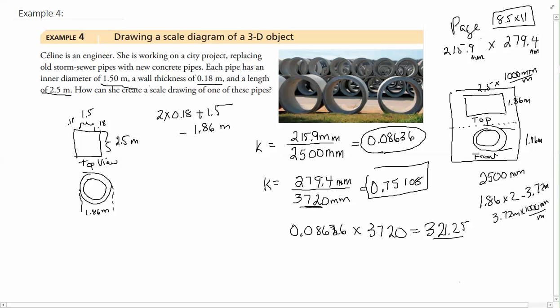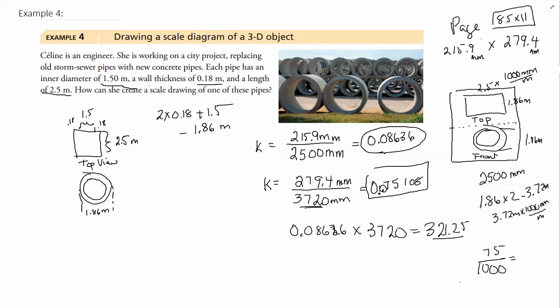So we have to choose the smaller one, and we want to make sure that we have enough boundary around it. And so what I'm going to choose as a scale factor is 0.075. Sorry, I should have another 0 here. If I put 75 over 1,000 and reduce that down, let me put 0.075, turn it into a fraction, see what I get.